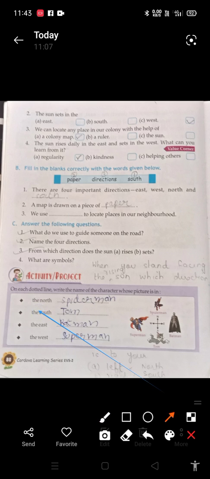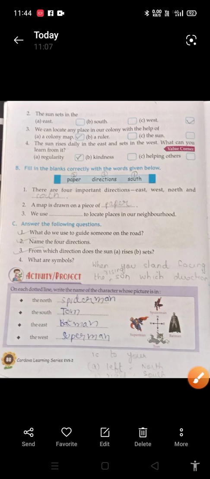To the north is the Spider-Man. Yes, see, to the north is the Spider-Man. To the south is Tom. To the east is Batman. And to the west is the Superman.